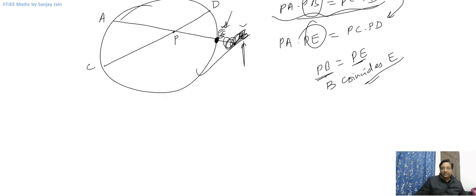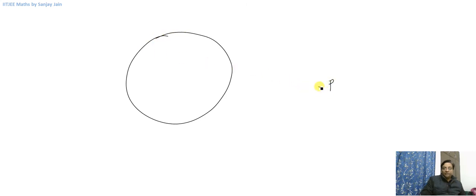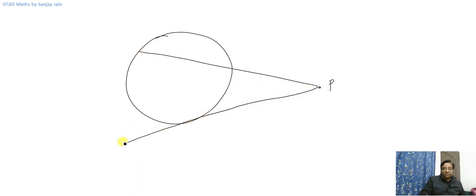Okay. Now there is one more thing that I would like you to pay attention to. Let us say there is a circle, and this is an external point P, and I draw this secant and I draw this tangent to this same circle. Let it be T, this is point of contact.